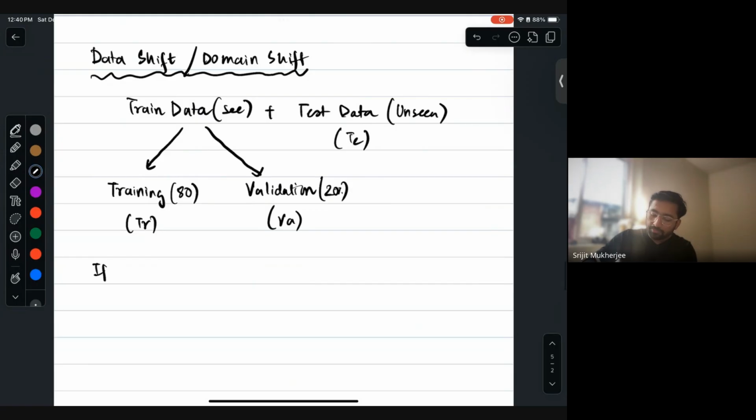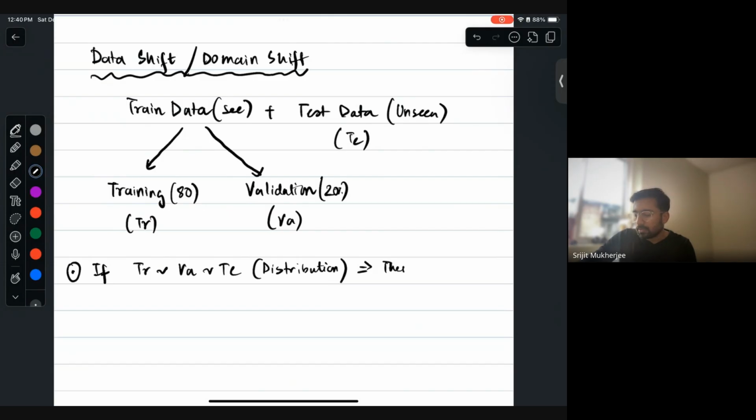If the distribution of TR and validation, because these are all random variables, is the same as the test distribution, then all is fine. But TR and V will always have the same distribution because they are from the same data set.